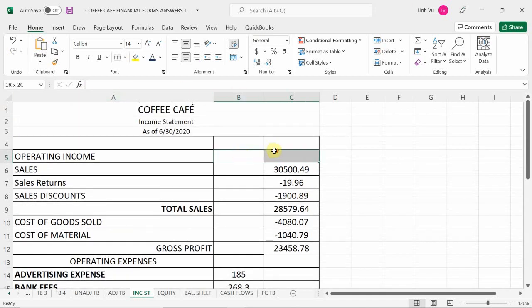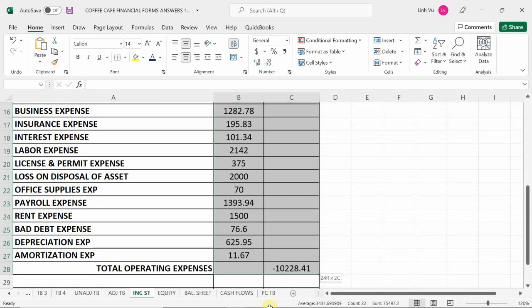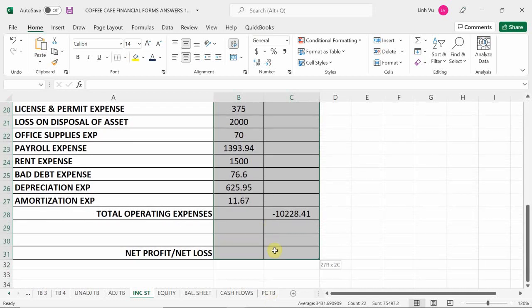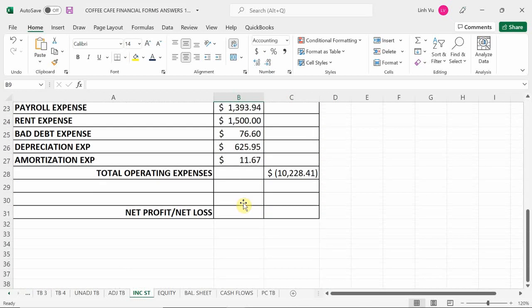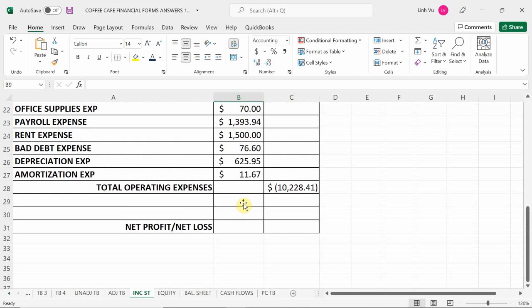Then I'm going to format this real quick because I want to see them with dollar signs. There you go. So I have negative $10,228.41.